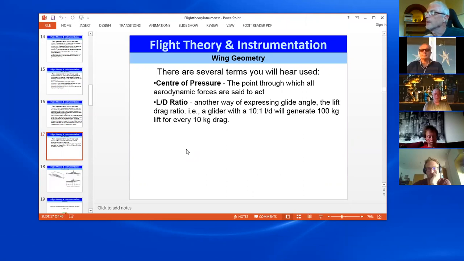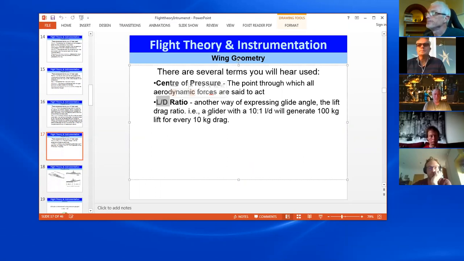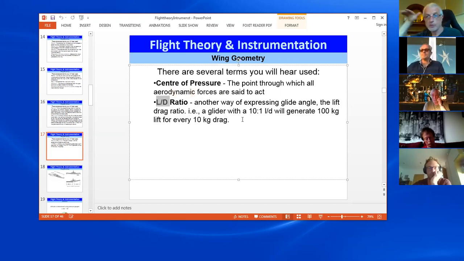Center of pressure we talked about, and the final term here is lift drag, L/D. It's the lift drag ratio, which is the ratio of lift to drag. We're going to cover lift and drag a bit later, but the main thing is that the lift drag ratio is the same as your glide ratio. So if the lift to drag is 10 to 1, the glide will be 10 to 1.